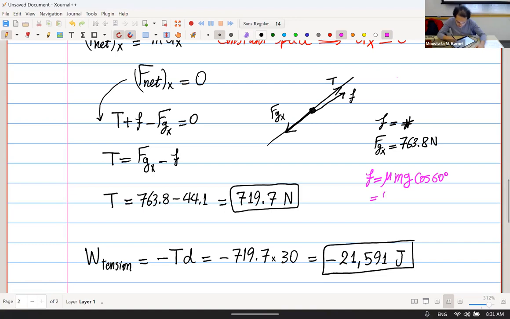If you substitute the numbers, you should get 44.1 newtons.